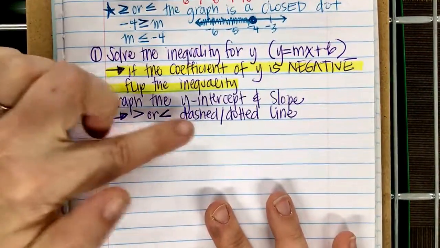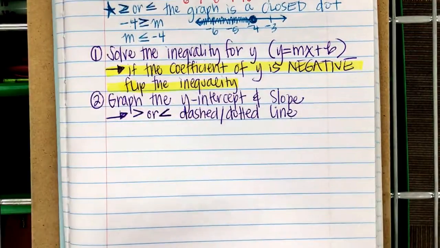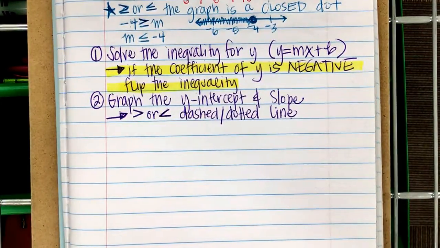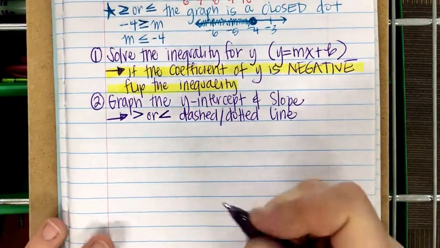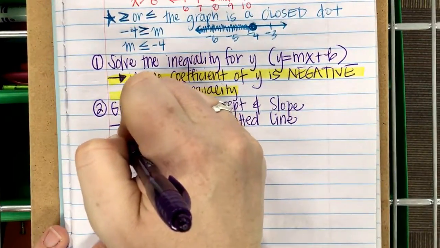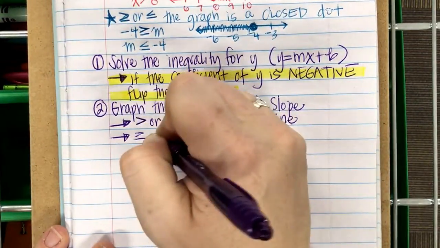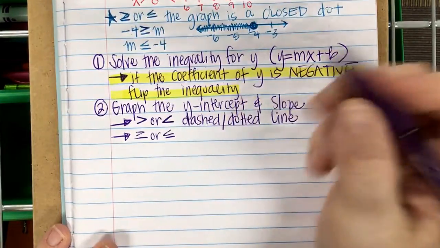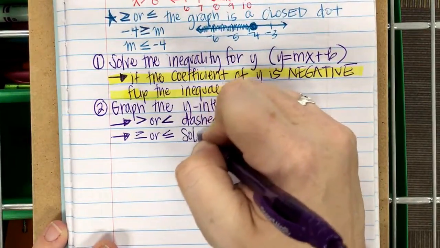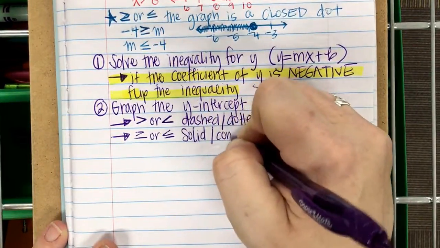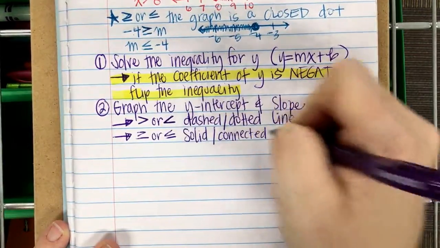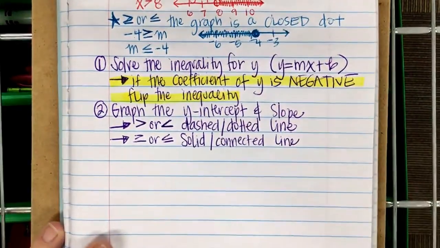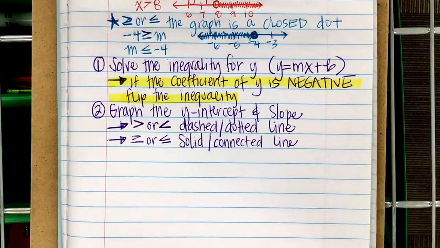Down here, it's got dots in it. It's not connected. If it's greater than or equal to or less than or equal to, it's a solid or connected line. It's a closed line.